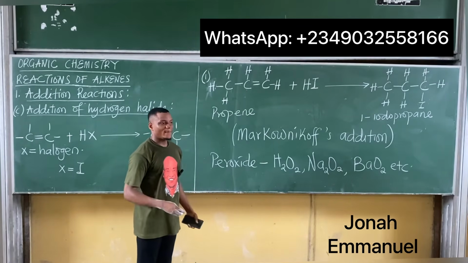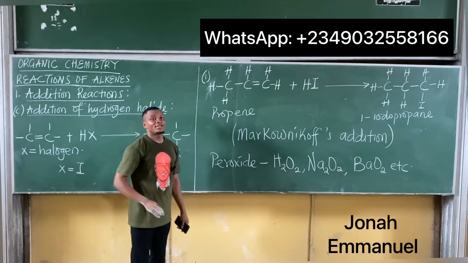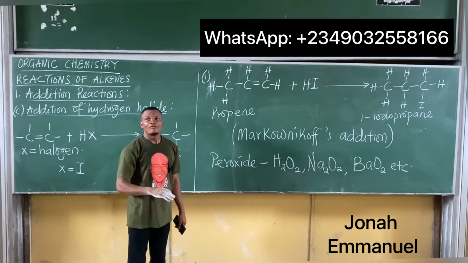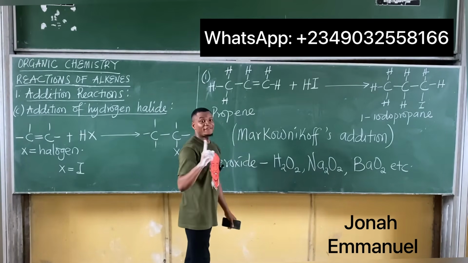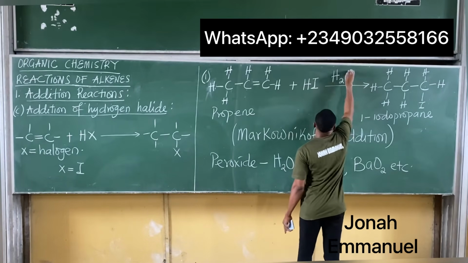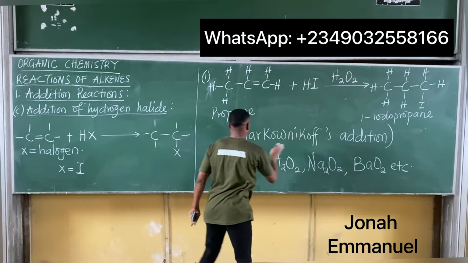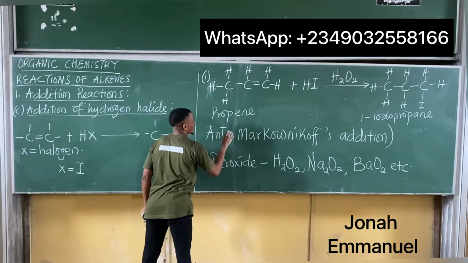So look up. I am saying this. What you have here is a Markovnikov's addition. For anti-Markovnikov, it is exactly the same thing. The difference is that I'll add what there? A peroxide, H2O2. This one here becomes what there? An anti-Markovnikov.